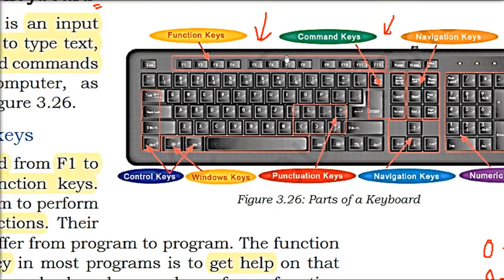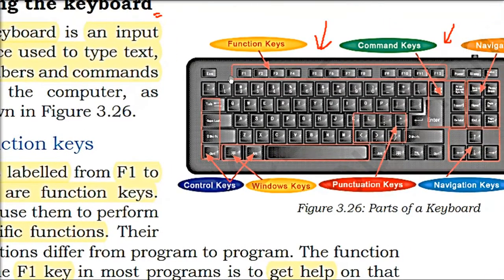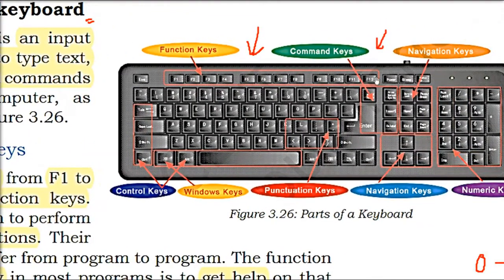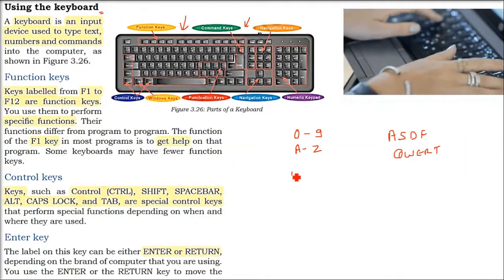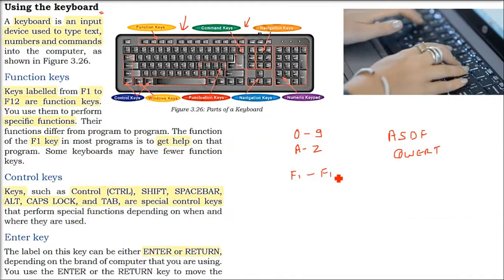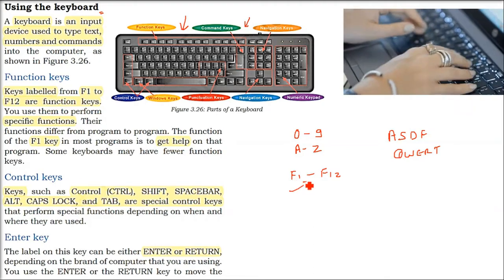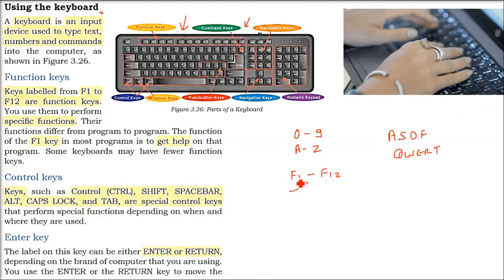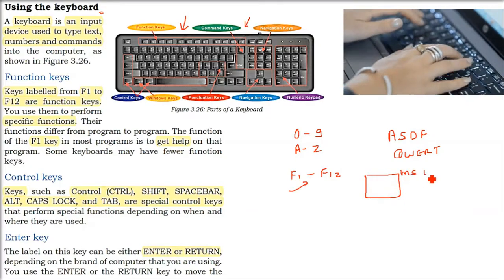Okay. So in different keyboards, the keys will be in different positions, but the action will be the same. From F1 to F12, the topmost, if you see here, these are the function keys. The keys being labeled from F1 to F12, these are called function keys. So they have a specific function depending upon the program. Every program has a different way of dealing.